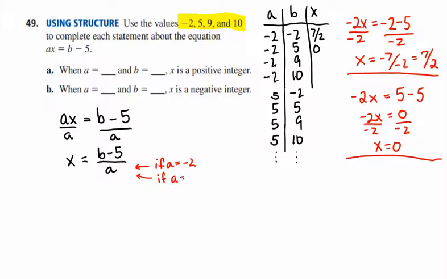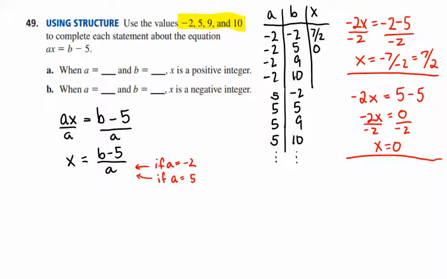If a is equal to 5, well, what we need now is the numerator to be positive, because we have to have positive divided by positive to give us a positive result. And when we subtract 5 from b, it has to give us a multiple of 5.